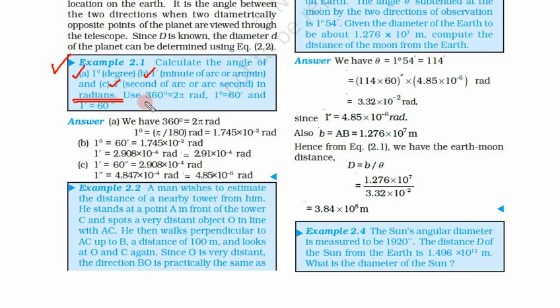What we know is that 360 degrees is equal to 2 pi radians, 1 degree is equal to 60 minutes, and 1 minute is equal to 60 seconds. So we have to calculate all these.